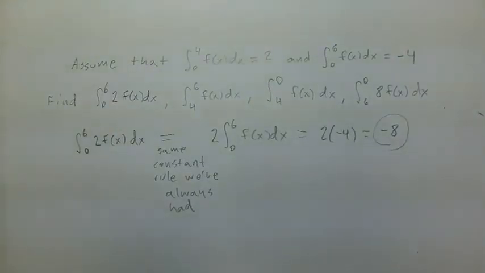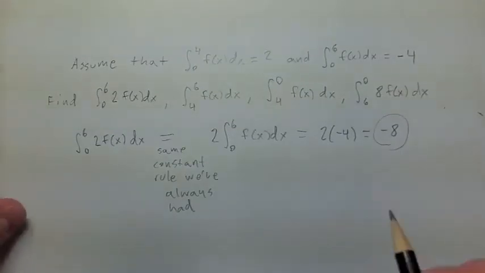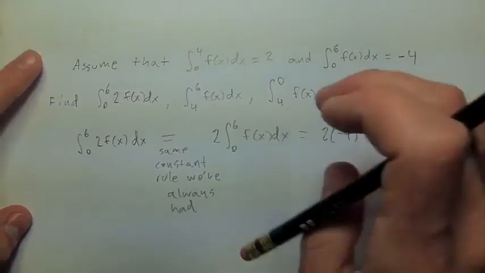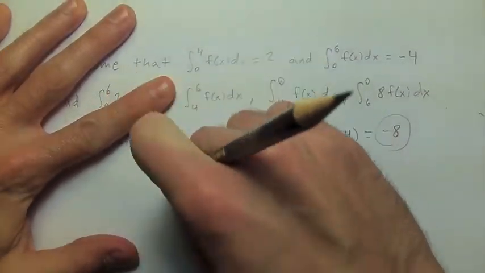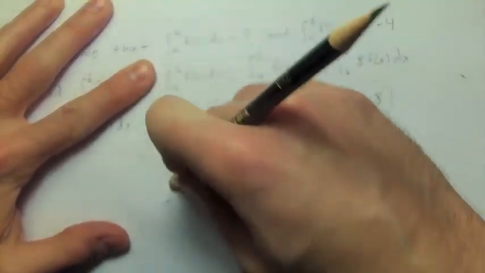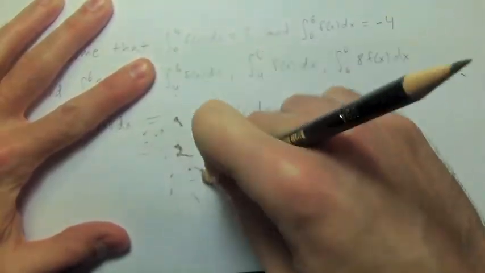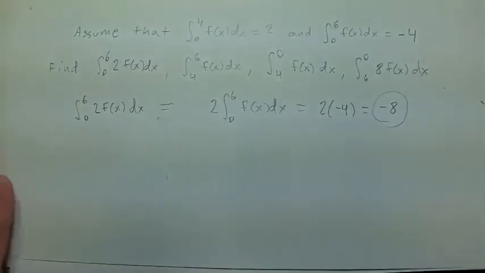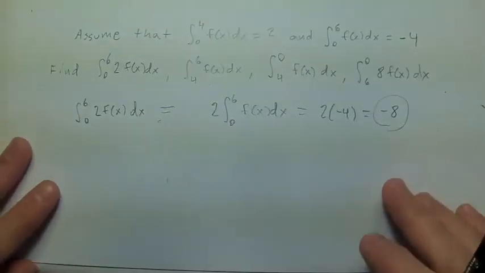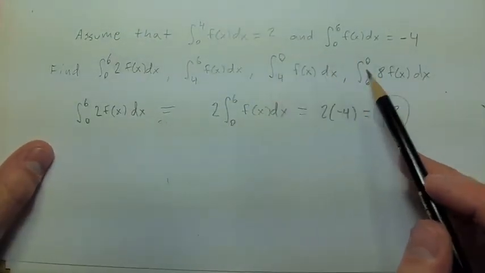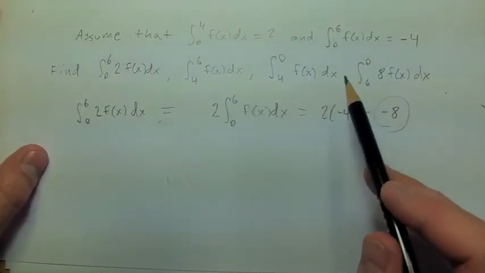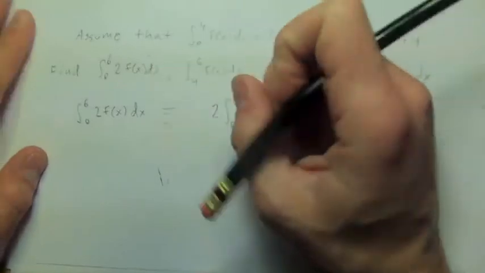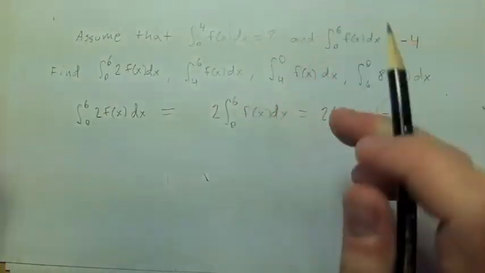Okay, the next thing I actually want to focus on is not 4 to 6. I want to focus on these two for a second. Let me go ahead and erase this. What I don't understand is that your book, for some reason, does these opposite order things without a good way to really explain why it works this way.